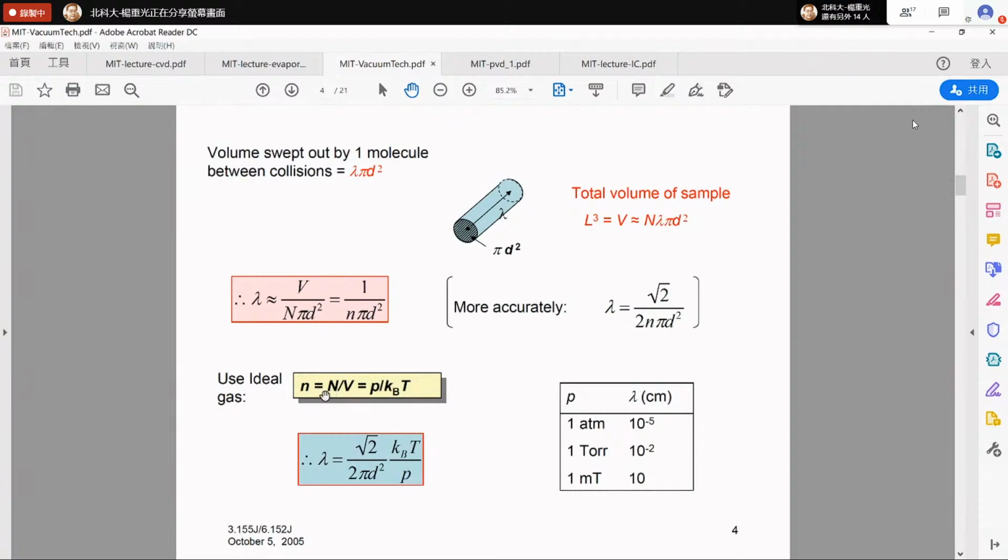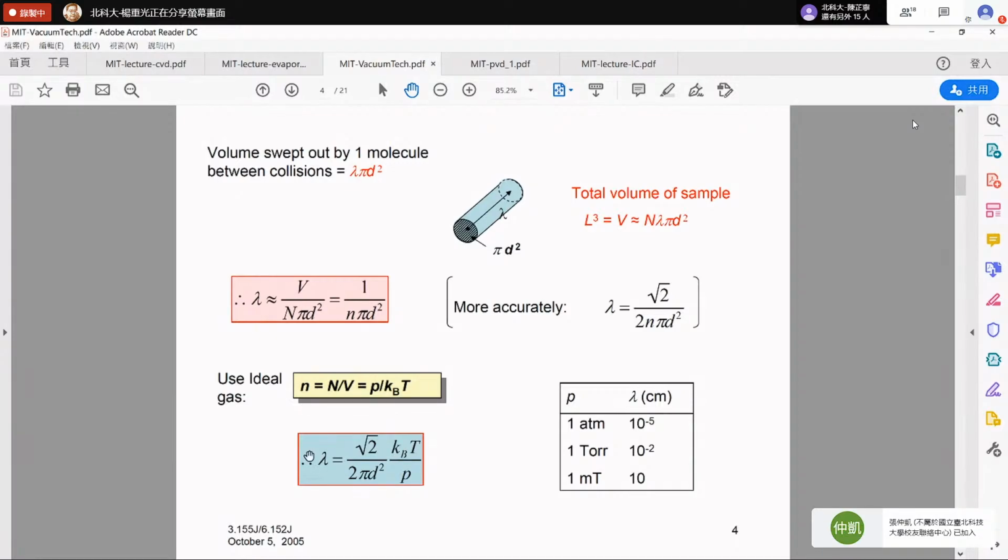So we replace n divided by V with P over kBT, and lambda equals kBT over square root 2 pi d squared P.